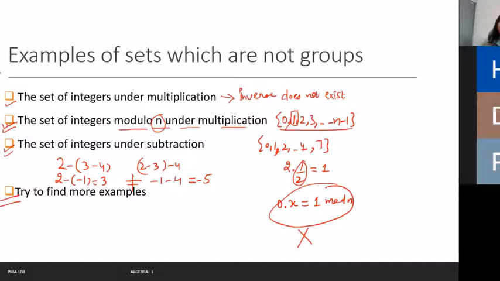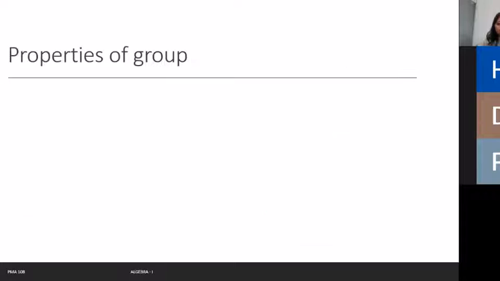So here I have written, try to find more examples, so you figure it out yourself, that you read the books and you will figure out more examples that whether a particular set forms a group or not, because it has just 4 properties to verify, so you can always see whether it's a group or not. So that's all about these examples.